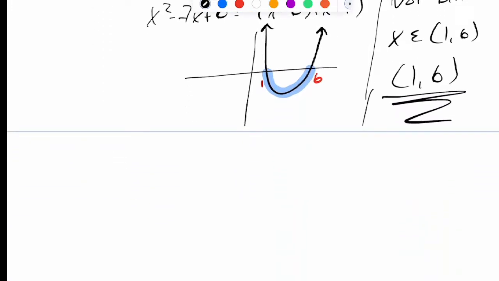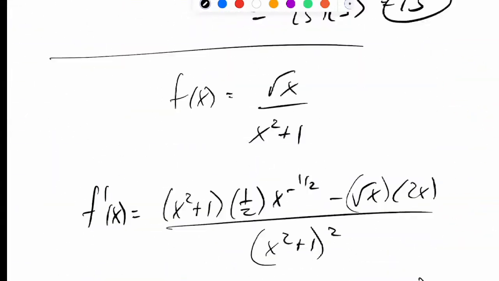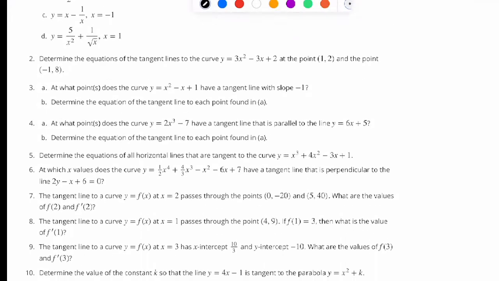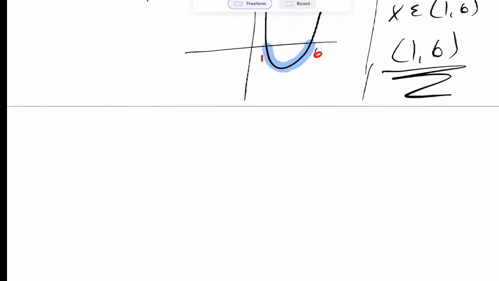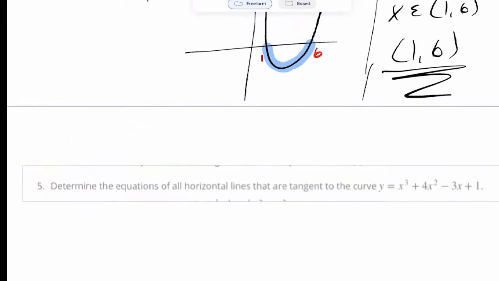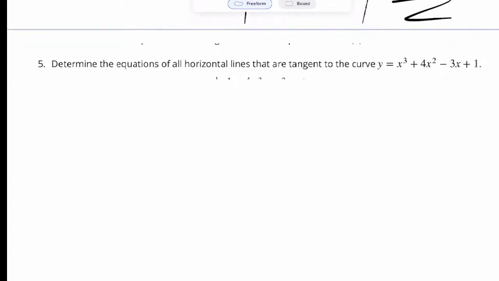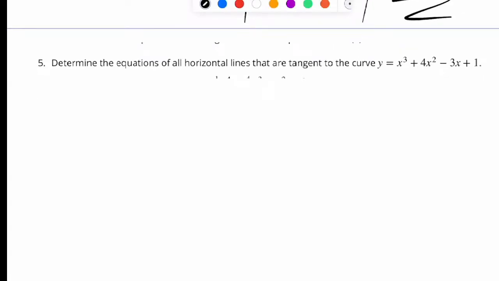Sure, Hamat. Number 5, finding equations of tangent lines. For this one, Hamat, they want you to find the equations of all horizontal tangents to the curve.